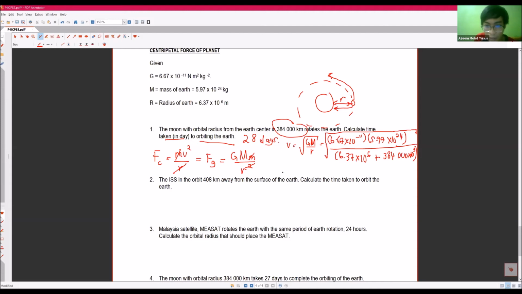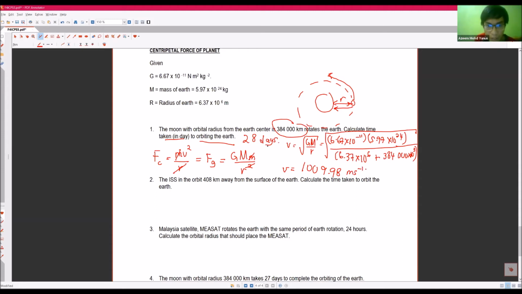Then we get the value of the velocity. Put that into the calculator and we will get 1009.98 meters per second. So again, this is the velocity.